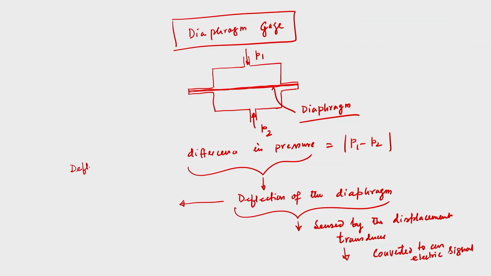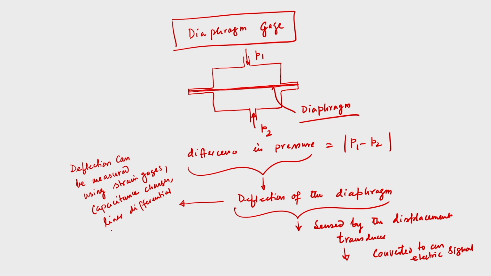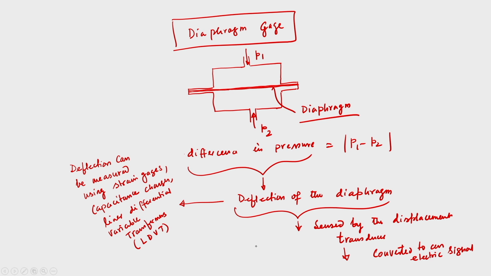This deflection can be measured using strain gauges, or capacitance changes, or which we know commonly, that is known as LVDT, that is linear differential variable transformer. That is LVDT.